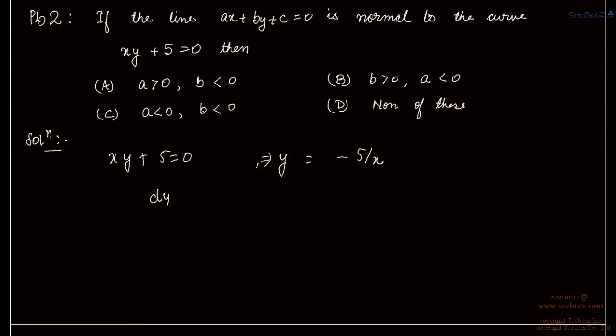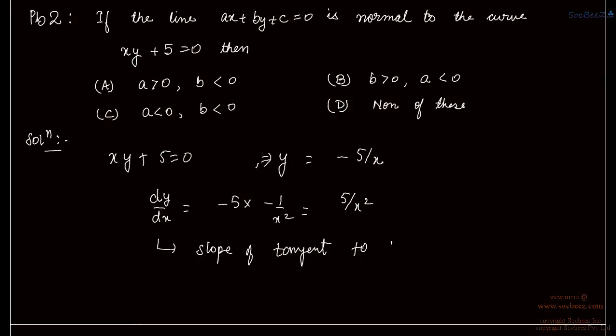So if we find dy/dx, we will be getting the differentiation of -5/x, that is -5 times -1/x², which is equal to 5/x². So this will give the slope of the tangent to the curve y = -5/x at any x.